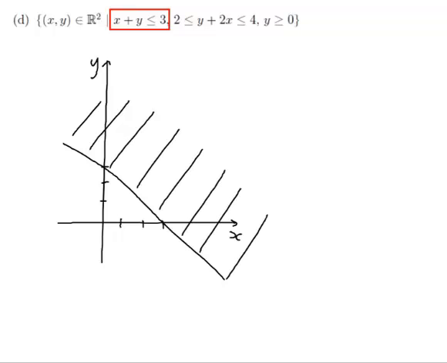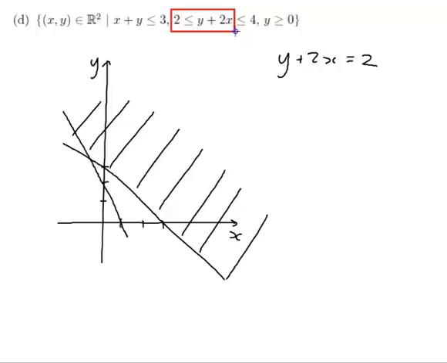Okay, the next one is this inequality. 2 is less than or equal to y plus 2x. Well, still if it was an equal sign, it would be a line. It would be y plus 2x is equal to 2. So, we've already drawn that line before. It's this line here. And we just want it to be 2 is less than or equal to that.